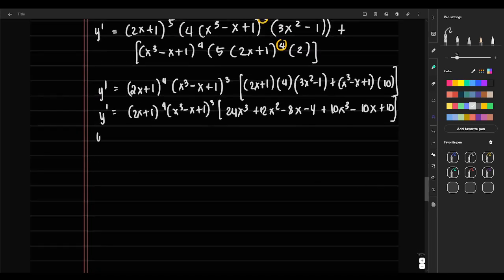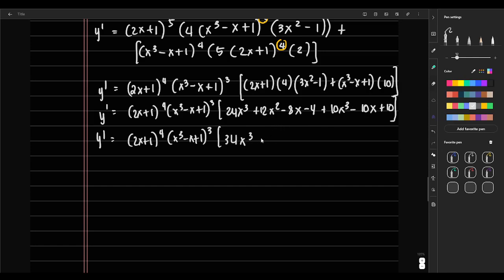Further simplification, that gives us 2x plus 1 to the 4th power, x cubed minus x plus 1 to the 3rd power. You could combine the x cubed terms, so that is 34x cubed.